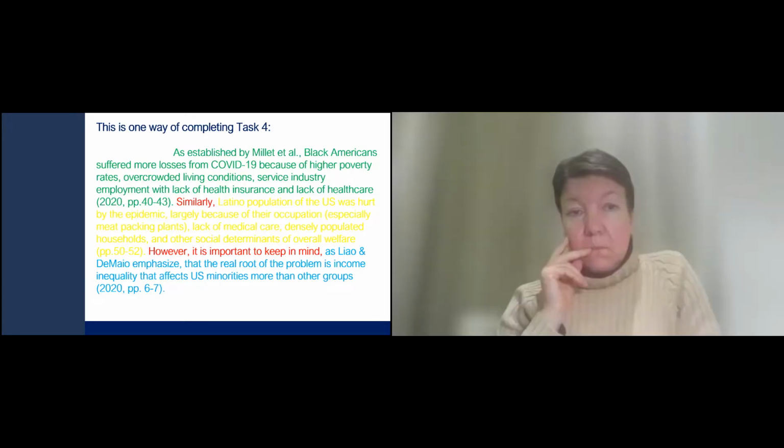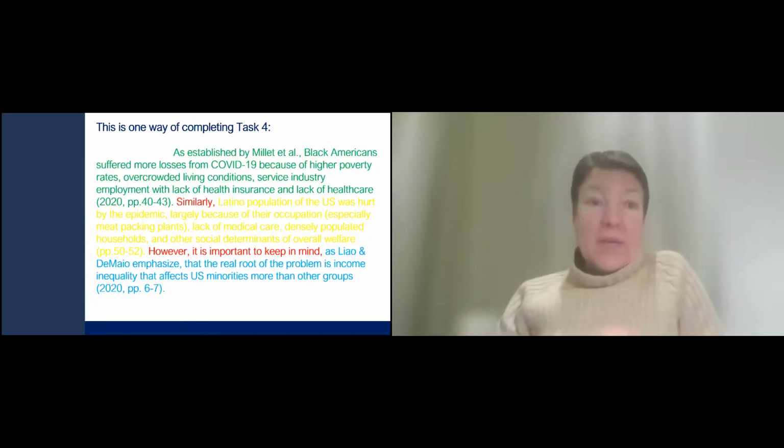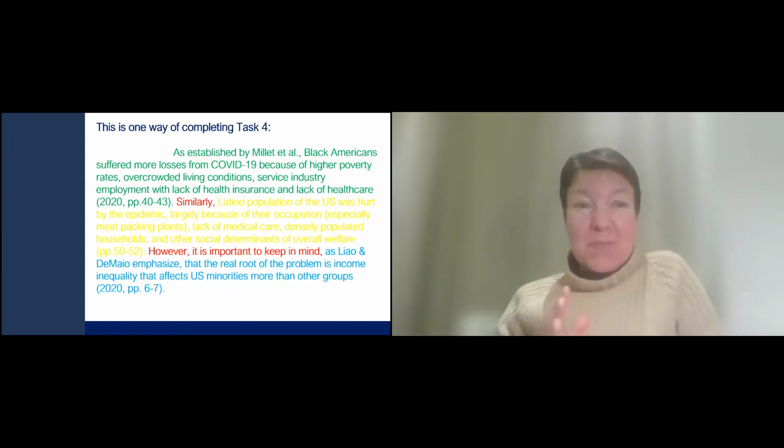They experienced disproportionate impact of COVID-19. Excellent. That's an excellent topic sentence there. And please keep in mind that it doesn't have to be just one. After your topic sentence, you can add some more discussion, right? But topic sentence is the bare minimum.